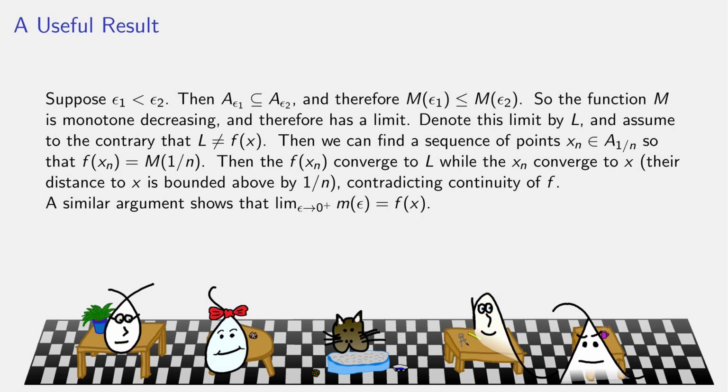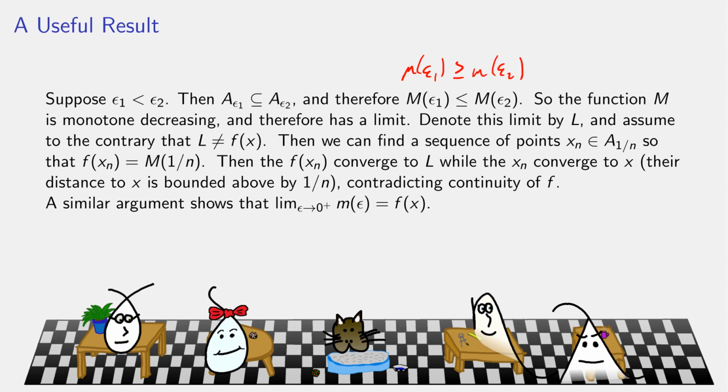The only thing that changes, by the way, is that the minimum value function is not decreasing as epsilon gets smaller, it's increasing. Much of the proof remains the same, but up here at the top, the minimum value function is monotone increasing as epsilon gets smaller.